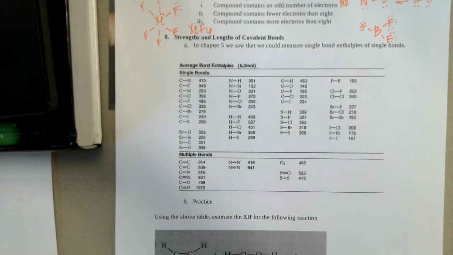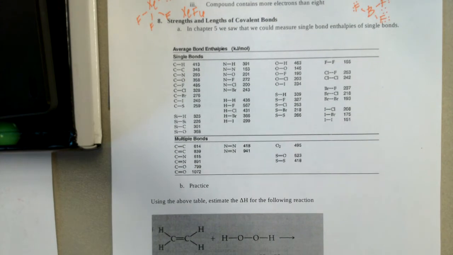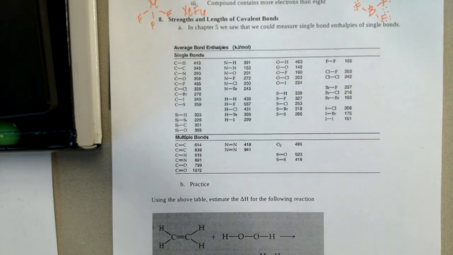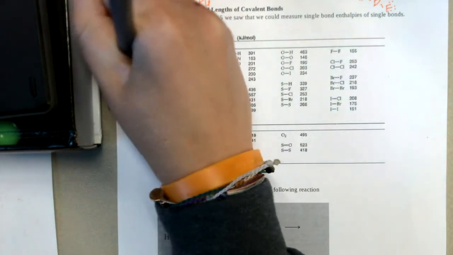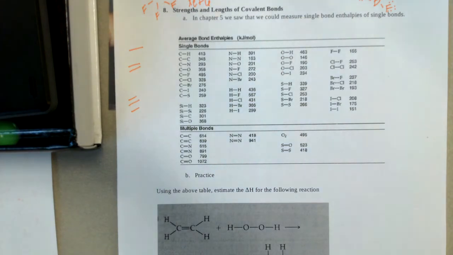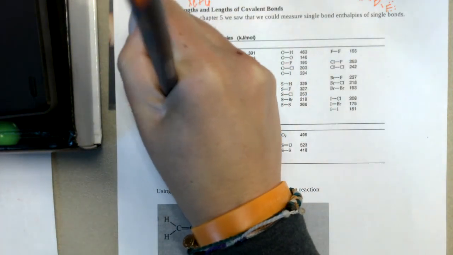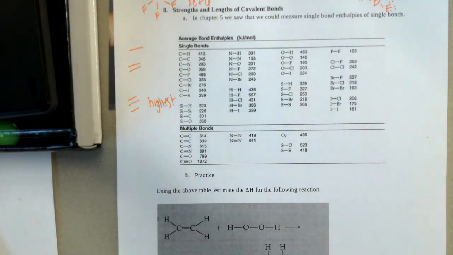And then the last thing from chapter 8 is relative strengths and lengths of covalent bonds. Okay, so we know that we have single, double, and triple bonds. Let's talk about their strengths and their lengths. One would think that the highest strength for a bond is going to be triple, and that is correct because it's sharing 6 electrons.